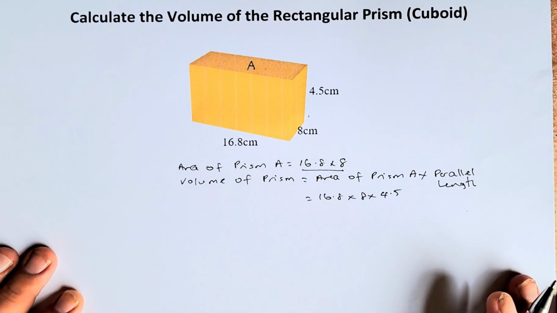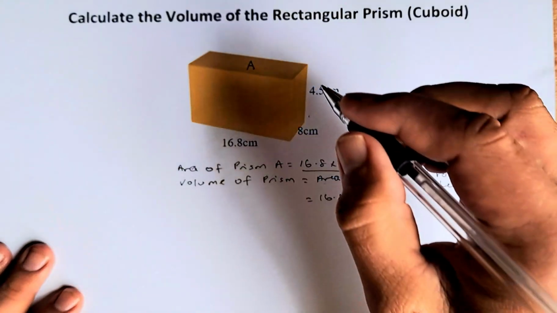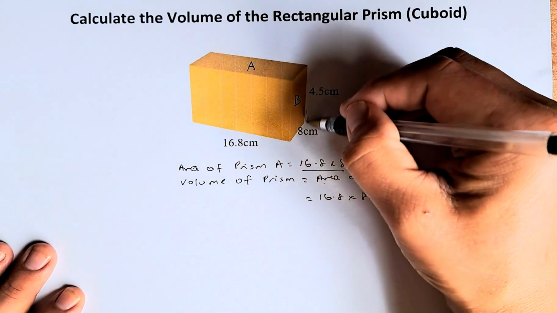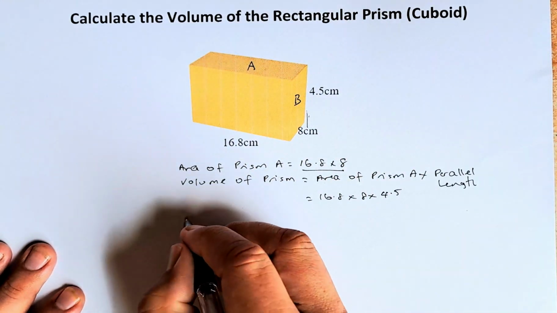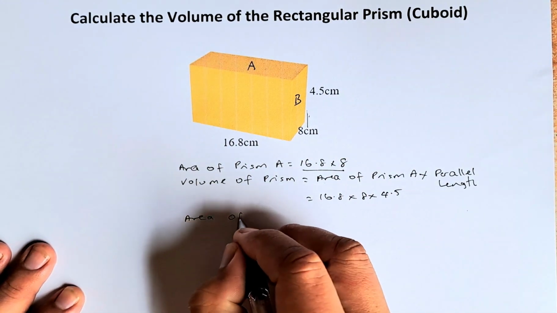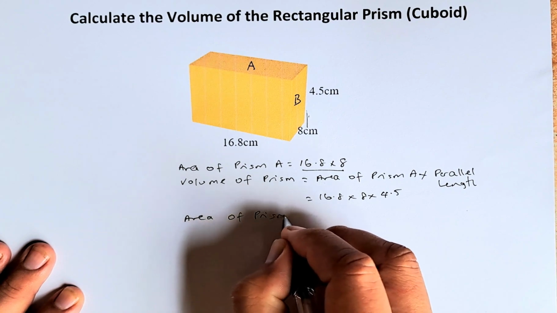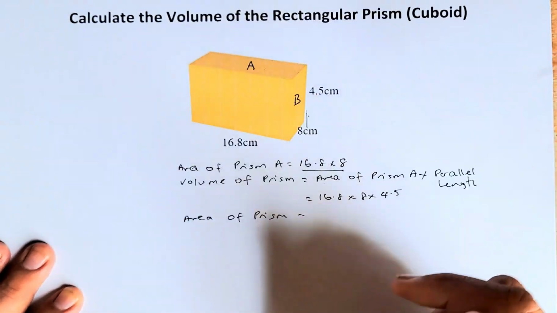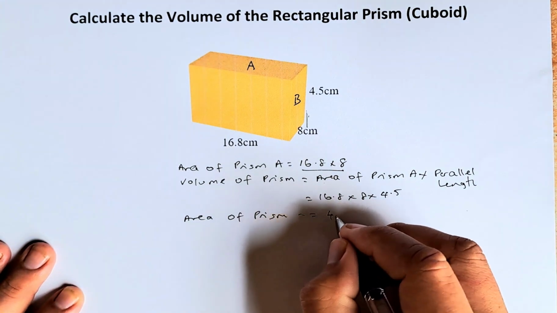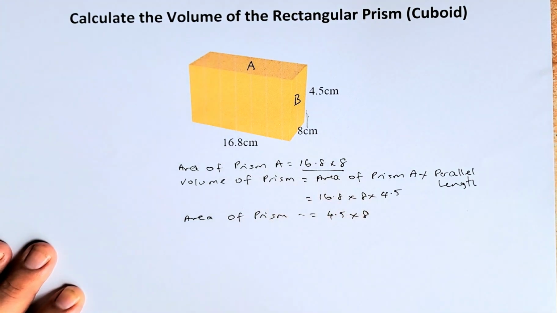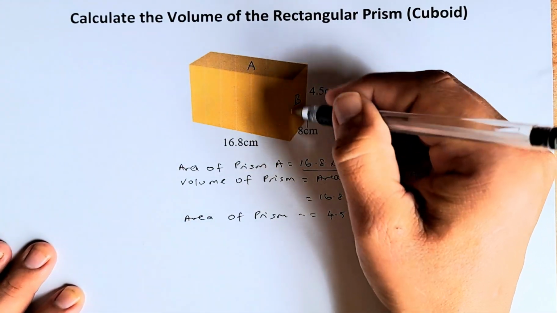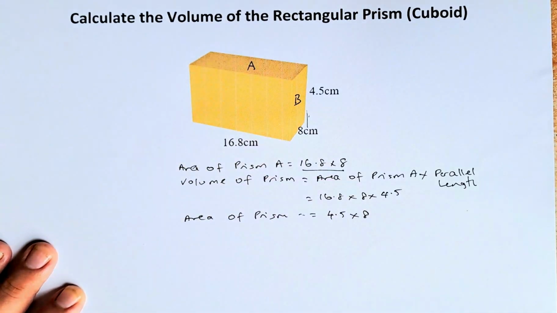Similarly, let's look at prism B, which is the side here. We find the area of prism B, which is the side of the cuboid. It's just going to be 4.5 multiplied by 8, because if we cut this side, the shape will always be a rectangle, the shape of the side of the cuboid.